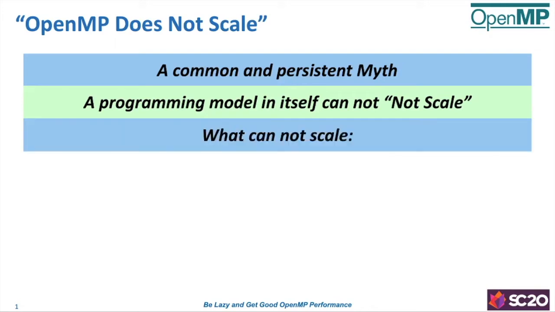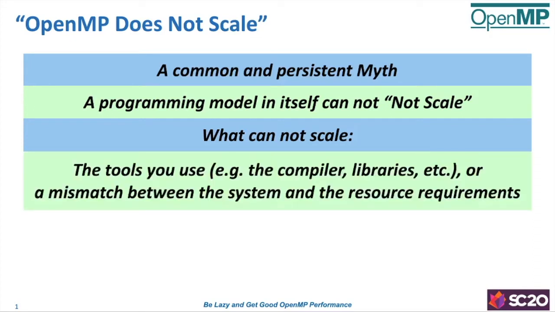So what can be in the way of your scalability are a couple of things. Could be the tools that you use. For example, the compiler may have a performance glitch. There could be an issue with the library that you're using. Maybe you're using an OpenMP runtime that has a feature that's not very well matured yet, and it pulls your leg. Although not likely, all these things are possible and should not be excluded.